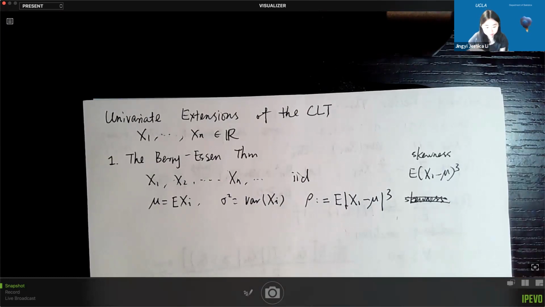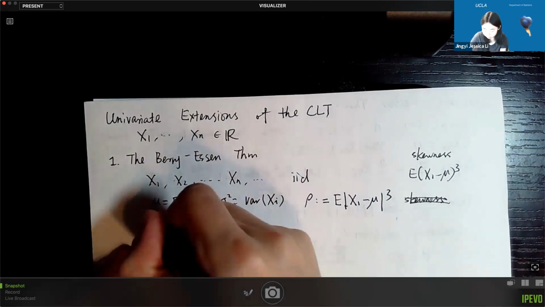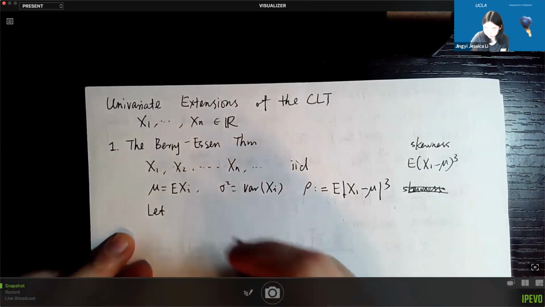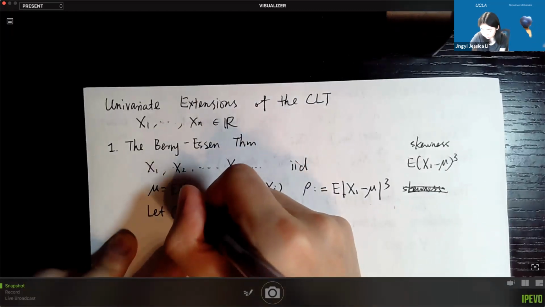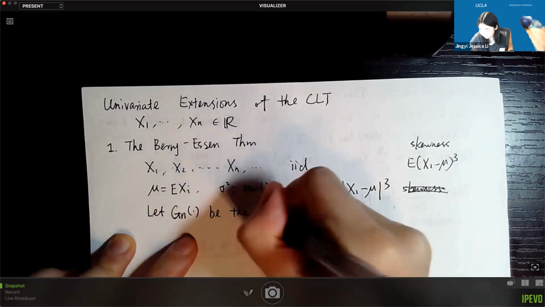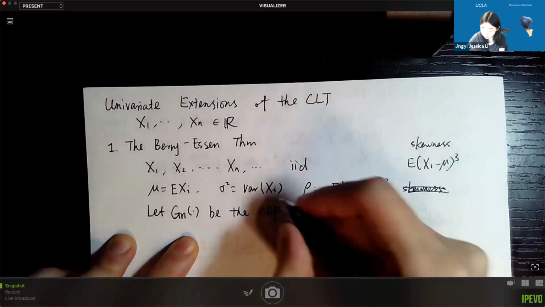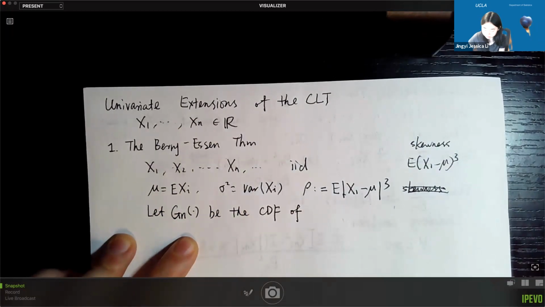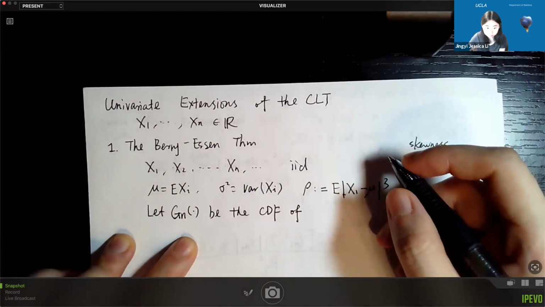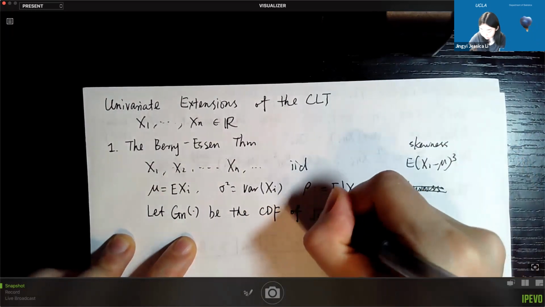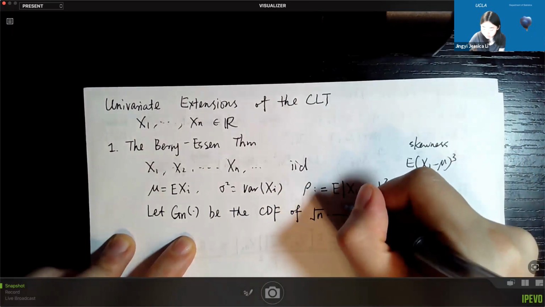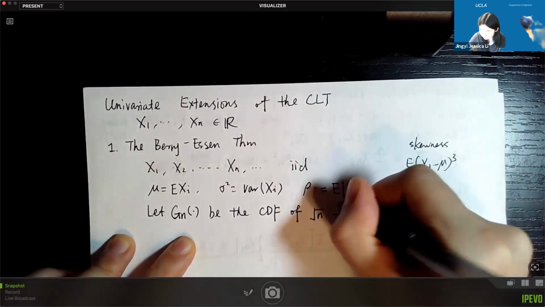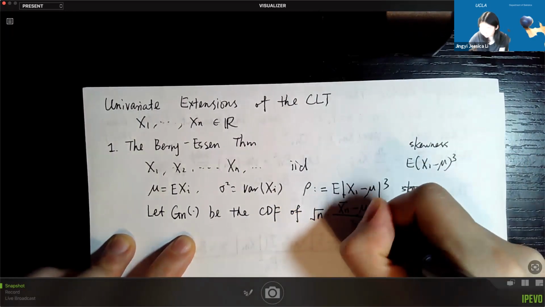So what the Berry-Esseen theorem is saying is that if you let Gn be the CDF, the cumulative distribution function, of this statistic, root n times (Xn bar minus mu) divided by sigma.